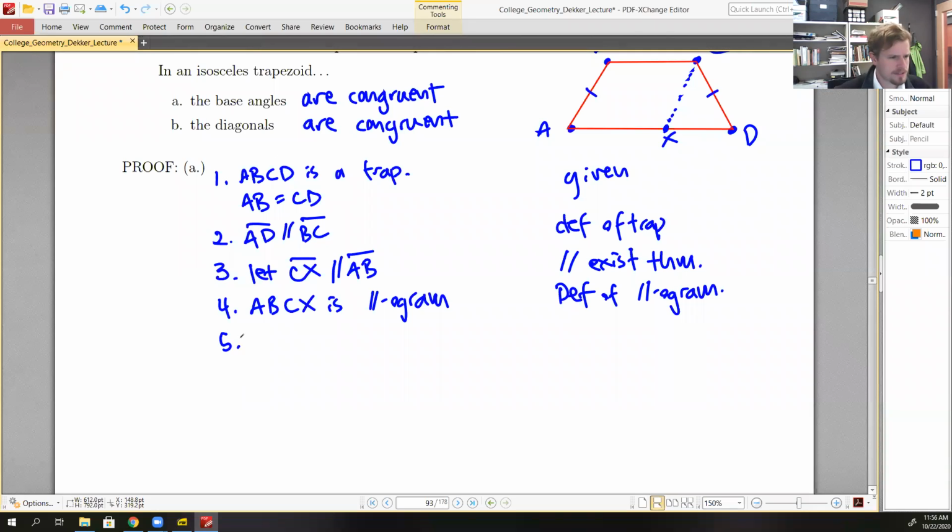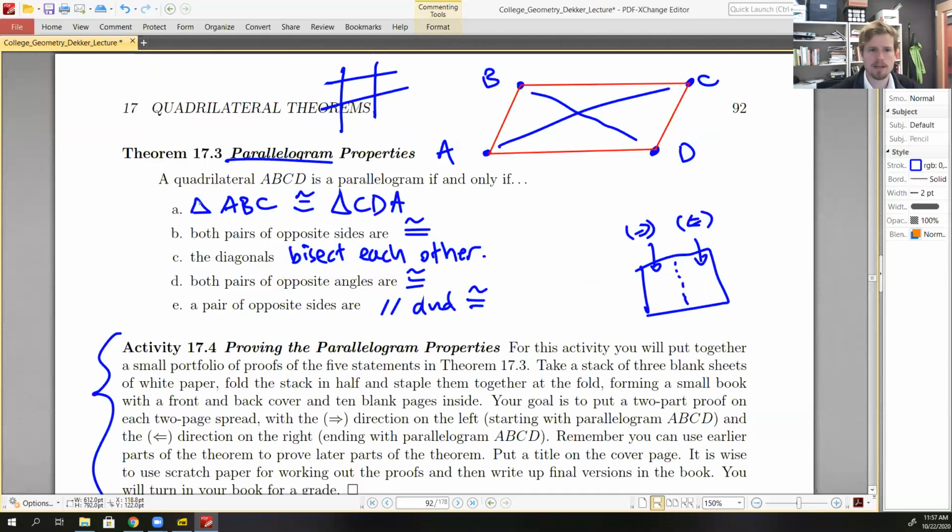So what does that get us? We have then that AB is congruent to XC, or that the distance from A to B is equal to the distance from X to C. We got that from our theorem 17.3, on the top of the next page.